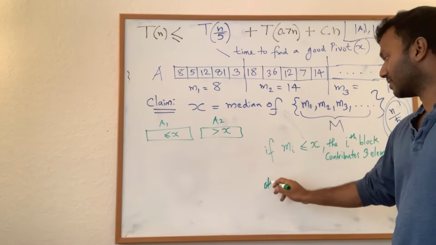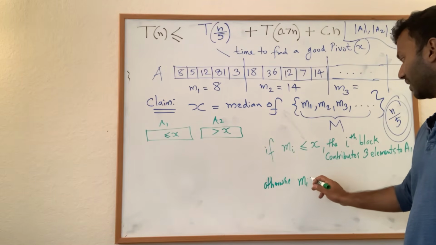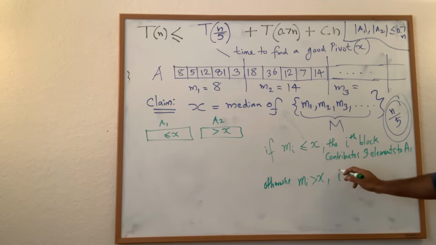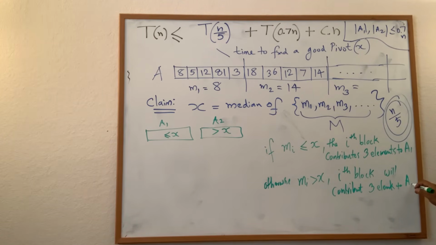And otherwise, if mi is more than x, then the ith block will again contribute 3 elements, instead to A2.